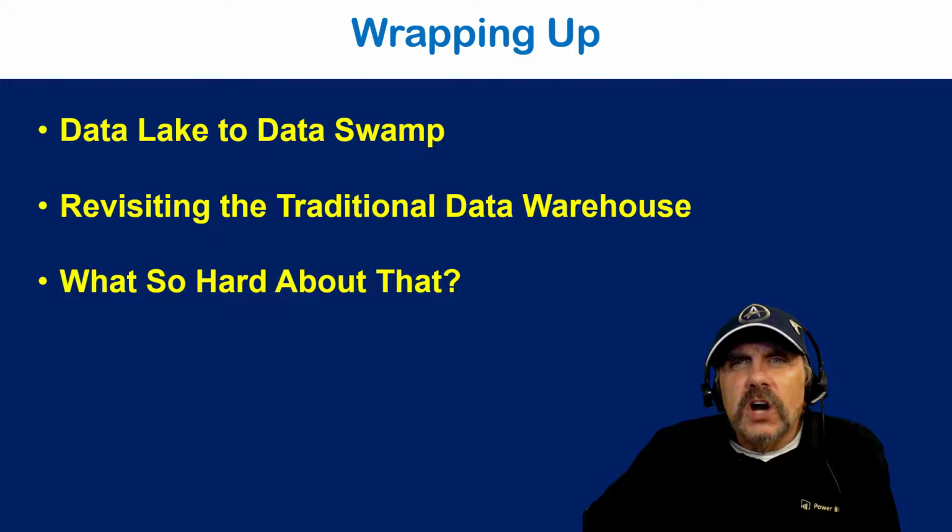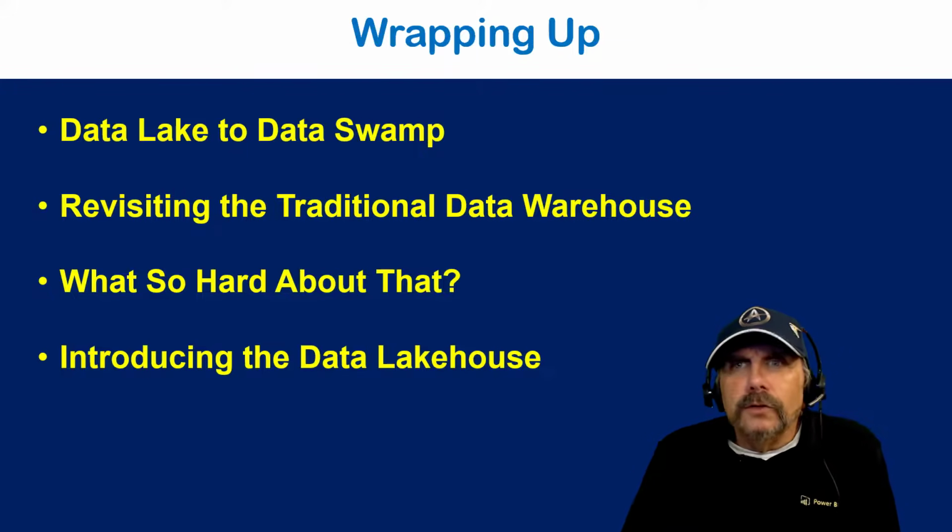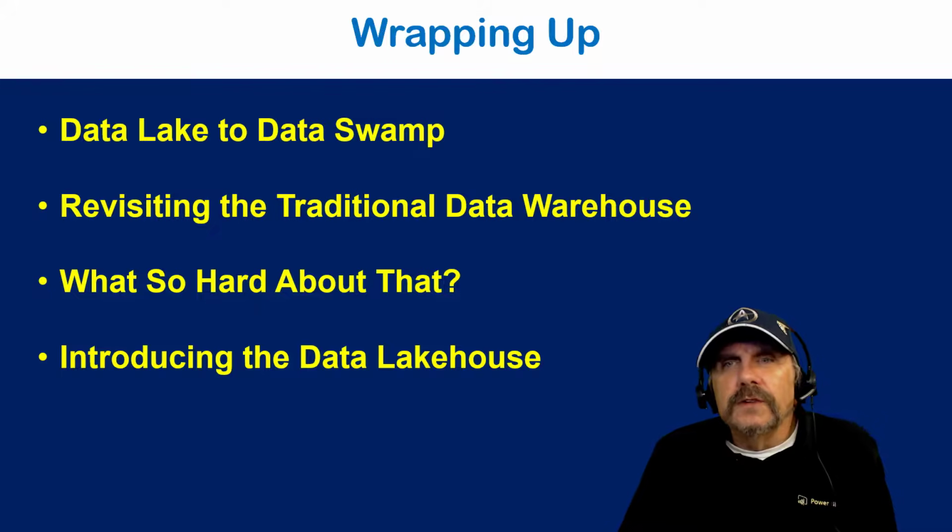And then we talked about the architectural differences between a relational database and a data lake, which make applying some of these things particularly challenging, but somehow they did most of it and they're doing more. And so we talked about introducing the data lakehouse and all the things that have been implemented towards giving us that kind of data warehouse functionality.